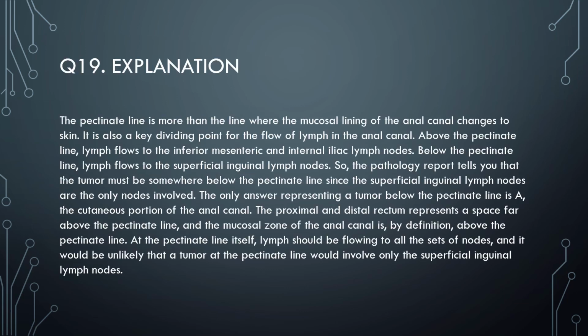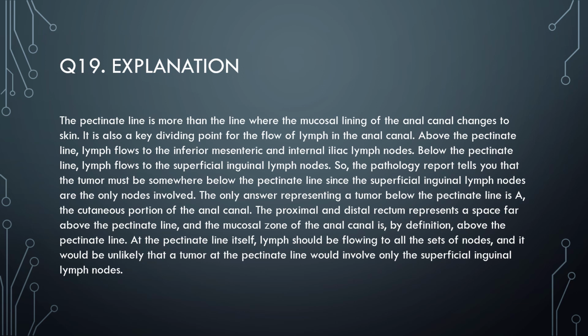The pectinate line is more than the line where the mucosal lining of the anal canal changes to skin. It is also a key dividing point for the flow of lymph in the anal canal. Above the pectinate line, lymph flows to the inferior mesenteric and internal iliac lymph nodes.